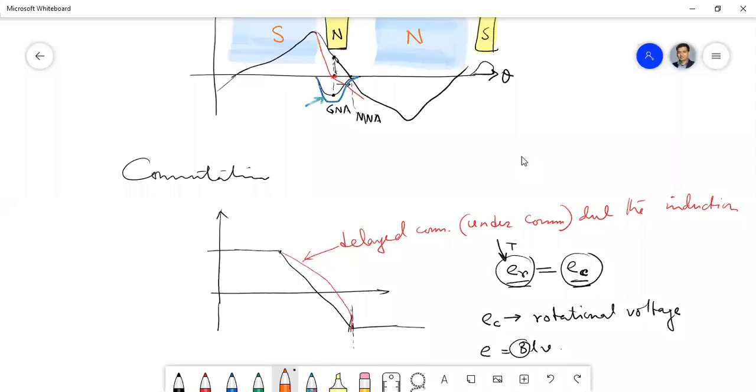It will be slightly negative, isn't it? It will be slightly negative.